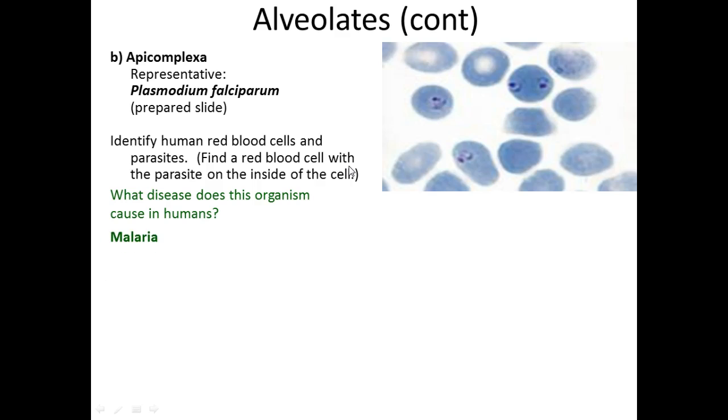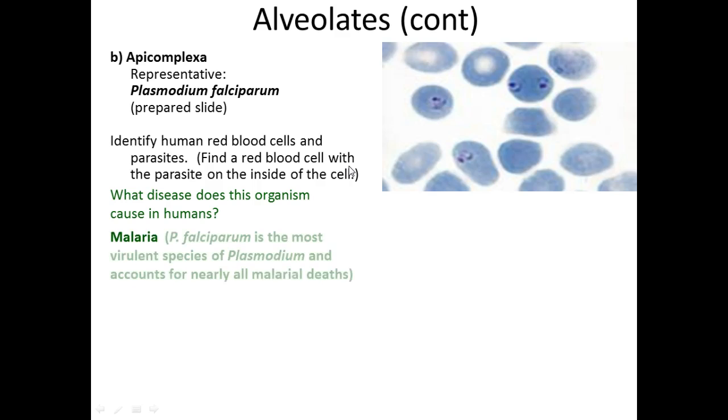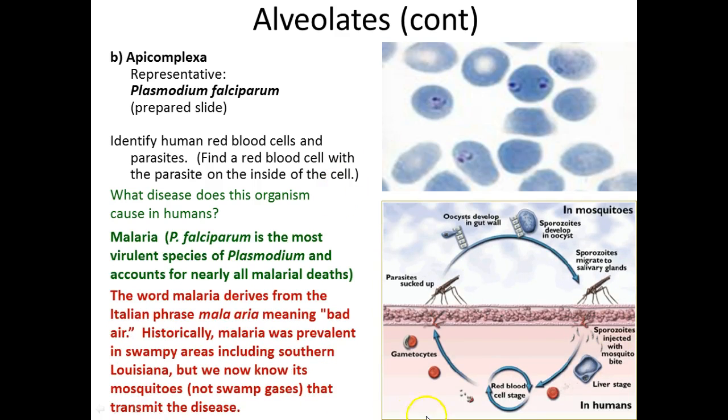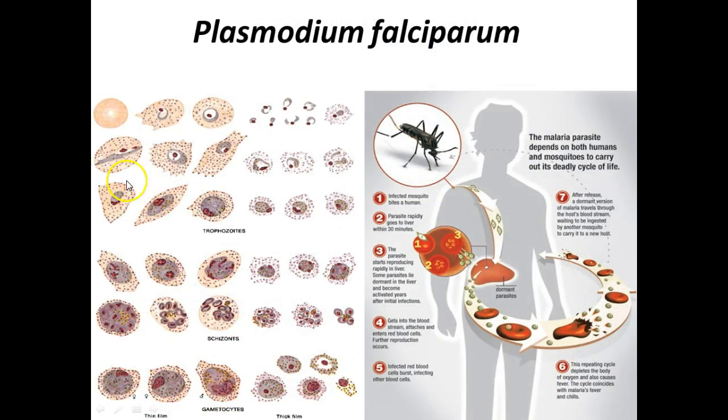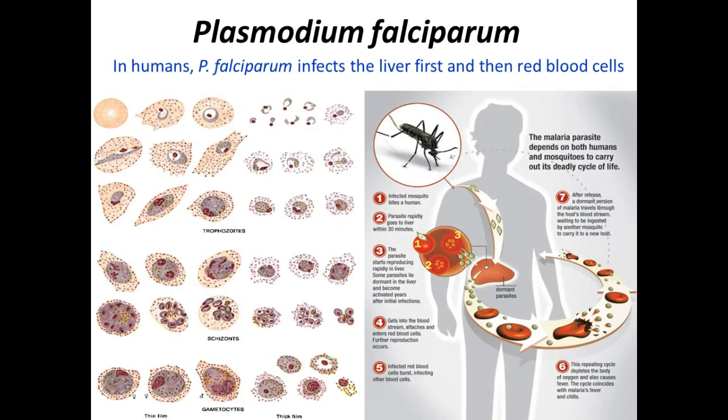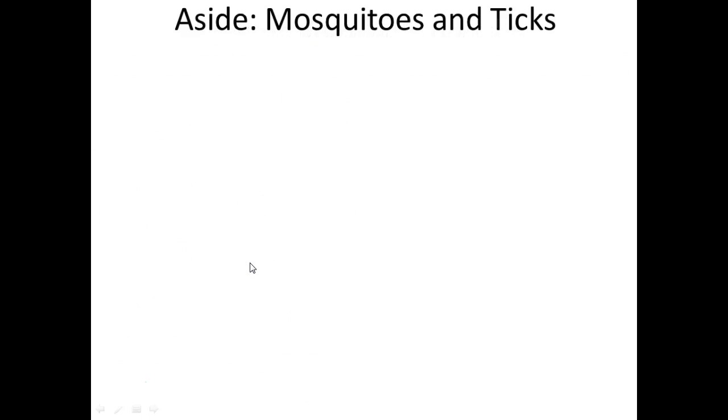And as we said, this one causes malaria. And so here's the life cycle, right, and additional information about the different morphology you may see and the different parts of the life cycle. But on those slides, you're either going to see red blood cells or the parasite. So if it's not a red blood cell, it's the parasite. And you guys won't have to identify what phase of the life cycle it is. It's too difficult.